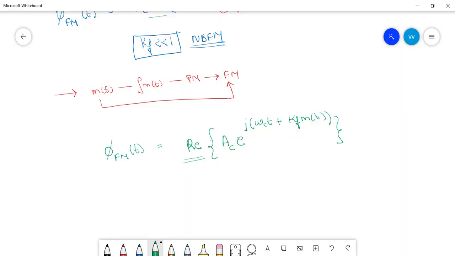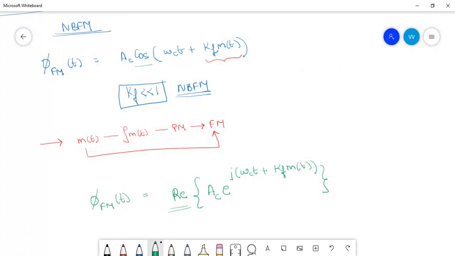Now, one small correction. Since we are dealing with the phase modulated notation, here we can write this as g(t), and g(t) is nothing but the integral of m(t) dt.